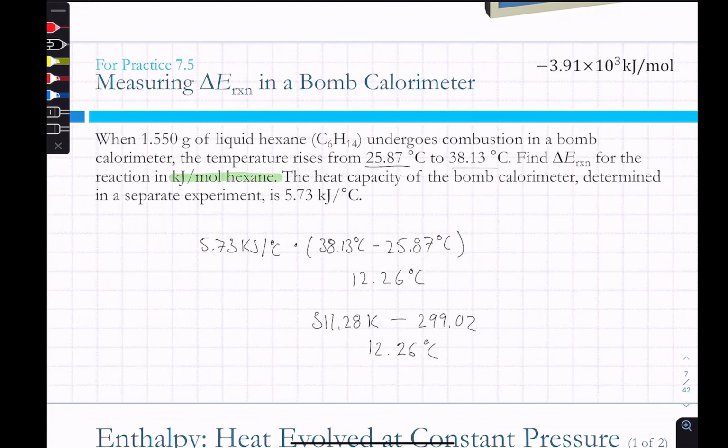So we can take that 12.26 and multiply it by 5.73. So I guess I'll rewrite this. And that'll be 70.2498 kilojoules. But are we done?